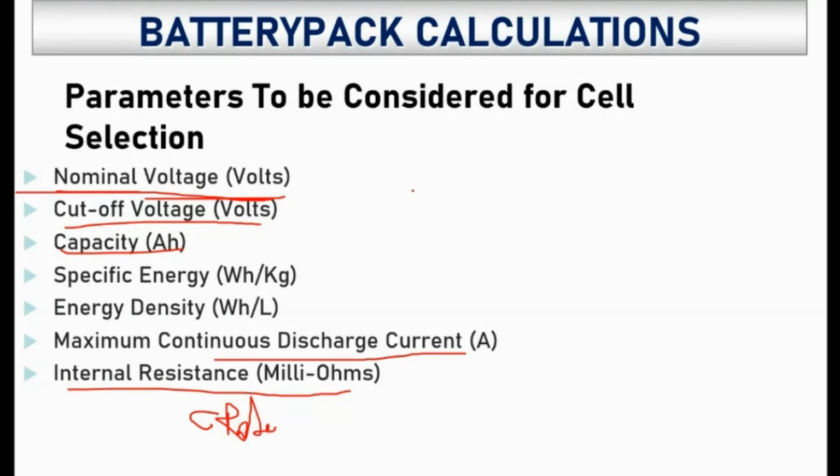So these are the parameters that you should consider while choosing a battery pack based on the calculation. Maybe let's quickly brush up on all the topics we discussed from the beginning. We understood what forces contribute to propelling the vehicle, and from the forces we calculated the torque, and then we calculated the power. From the power, we understood the rating that I should have for my motor, and with that we chose the motor controller.